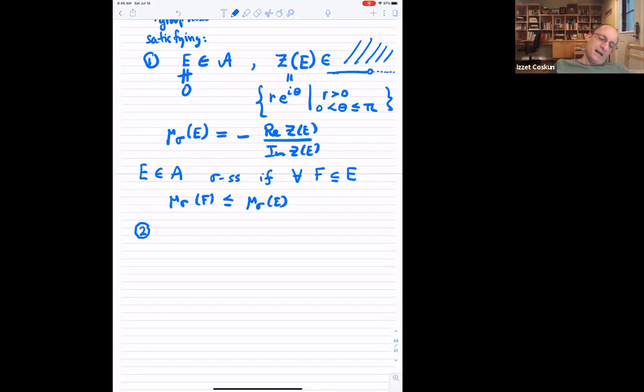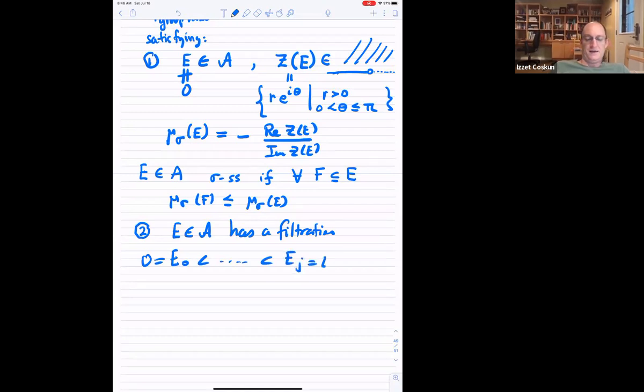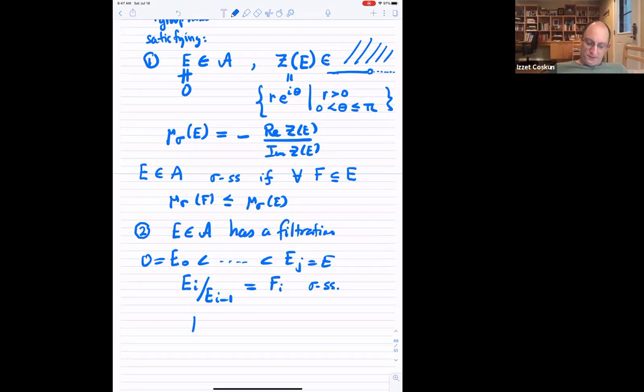So you ask that every non-zero object E in A has a finite filtration, which stops after some number of steps, and you want the successive quotients to be sigma semi-stable, and you want the slopes to be decreasing.